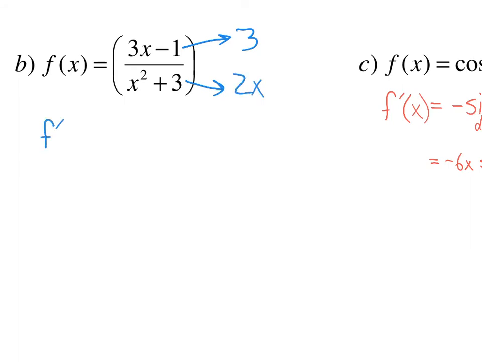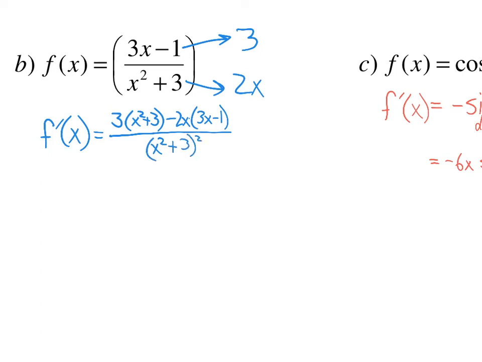So f prime of x is the derivative of the top times the bottom, minus the top, 3x minus 1, times the derivative of the bottom, all over bottom squared.